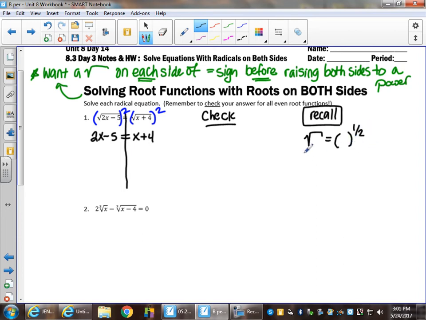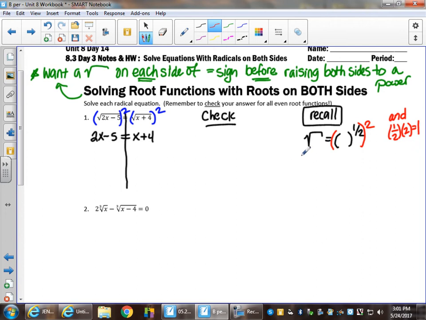So if I'm trying to undo a square root or undo raising something to the 1/2 power, well, the only way that this 1/2 would become a 1 would be if I did this, because with a power we multiply, and 1/2 times 2, that equals 1.